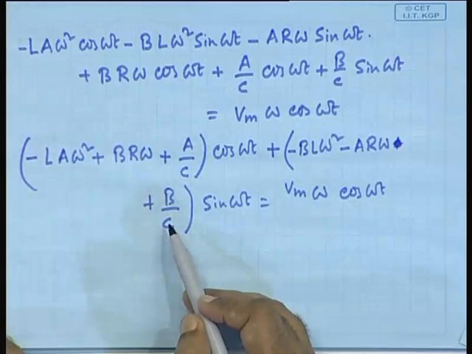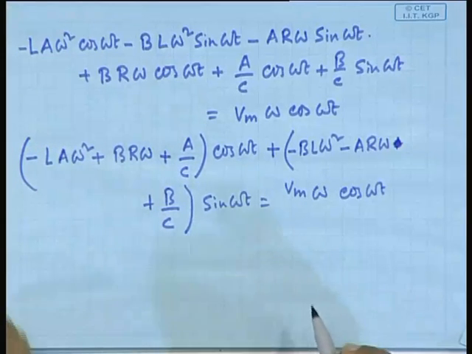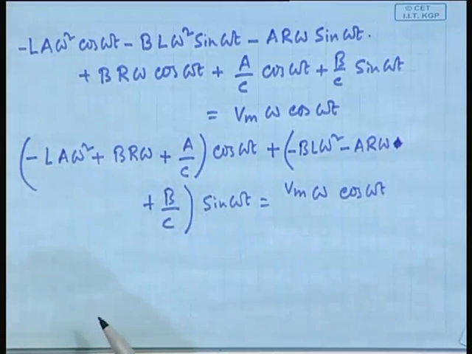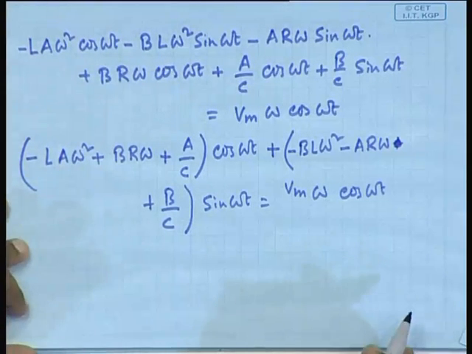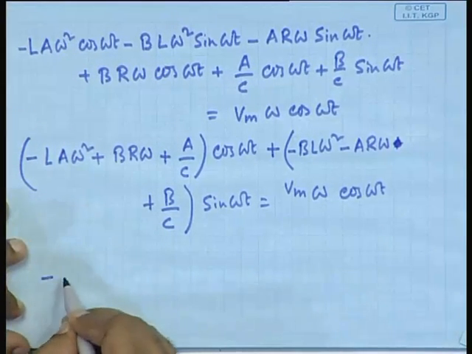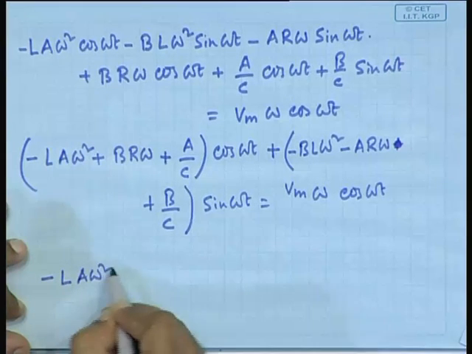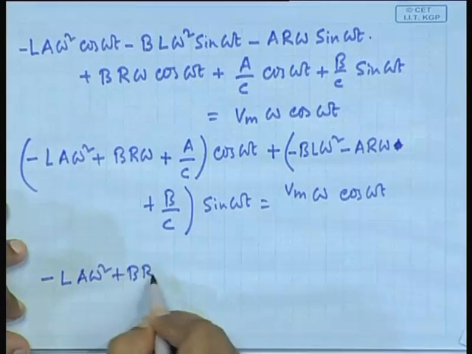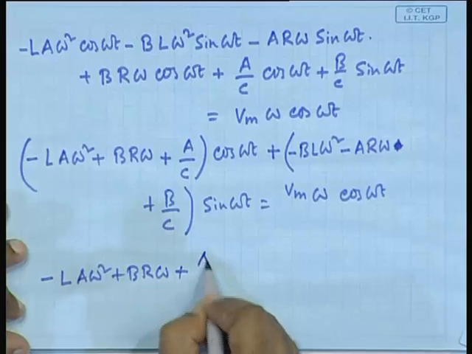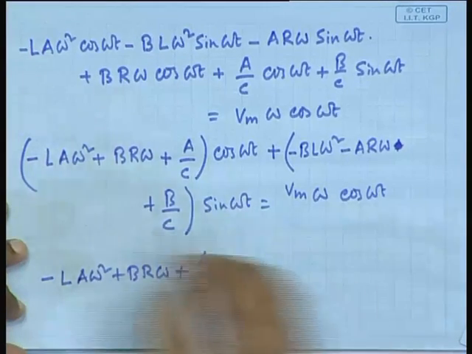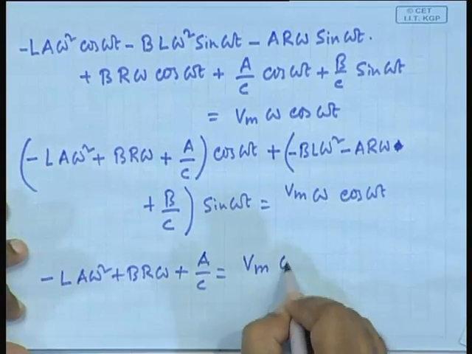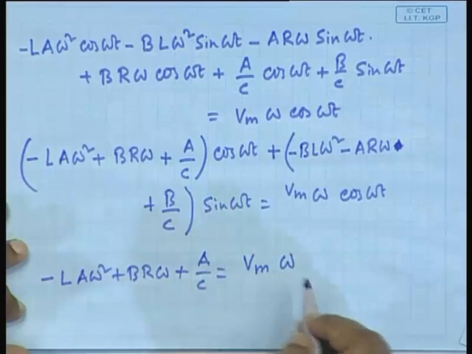Fine. So, write this and then obtain a and b from there. Two equations, two unknowns, you can do it. Minus L a omega square plus b R omega plus a by C is equal to V m omega. That is one equation.